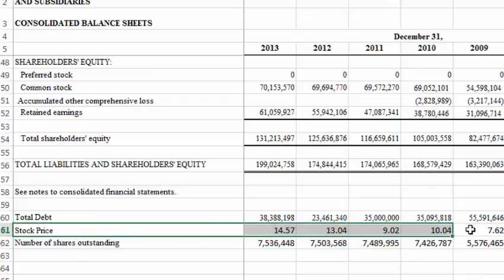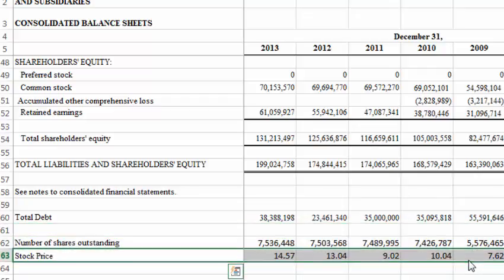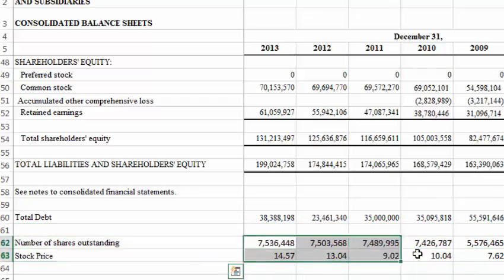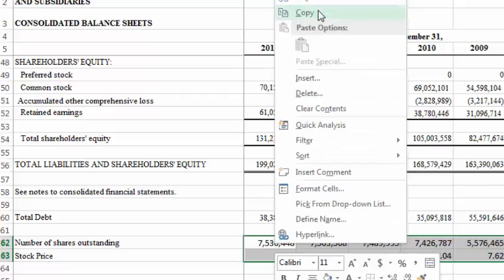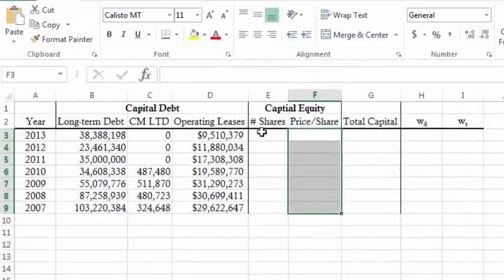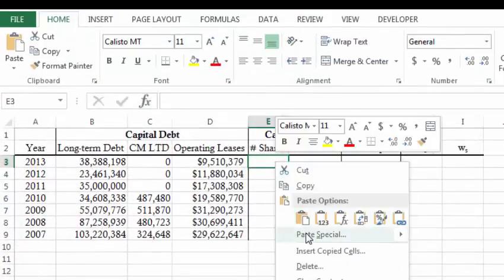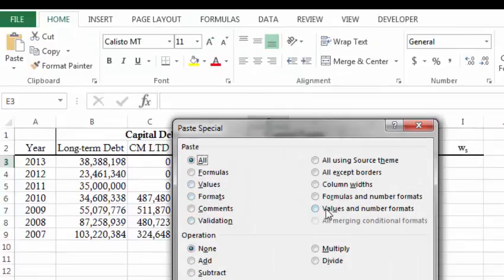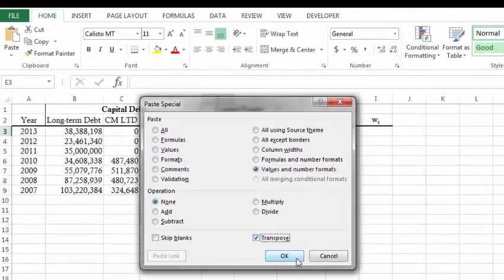Well, actually, let's do that. I'm moving the order really briefly because then I can bring them over together. So I'm going to grab all of those and copy. And I'm going to then paste values and number formats and then transpose.